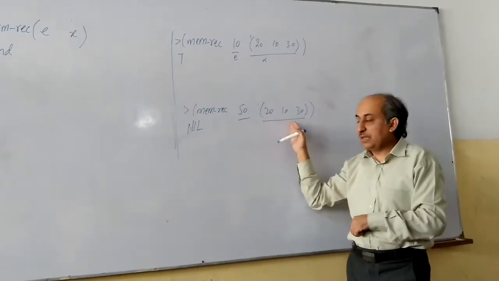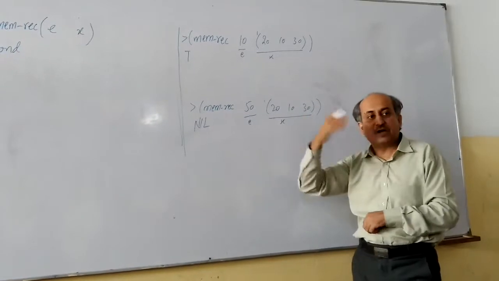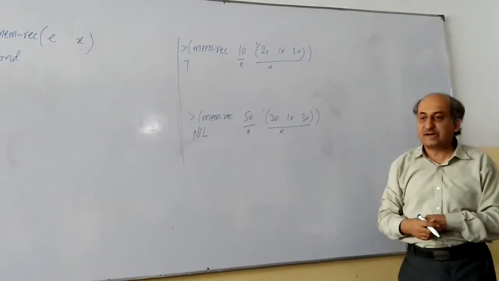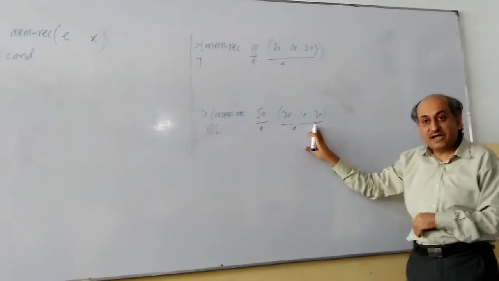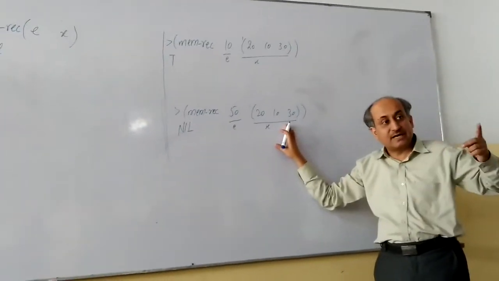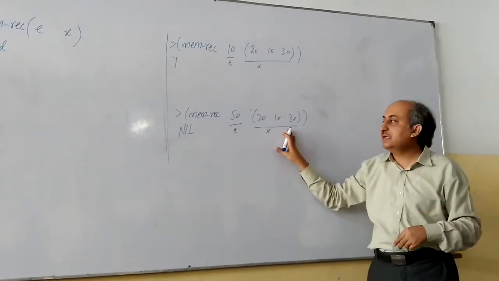In the second example, our argument is X. When recursive calls are made on the reduced cdr of X, gradually it will be an empty list. And when it is an empty list, what should we return? We should return nil. That element is not found.